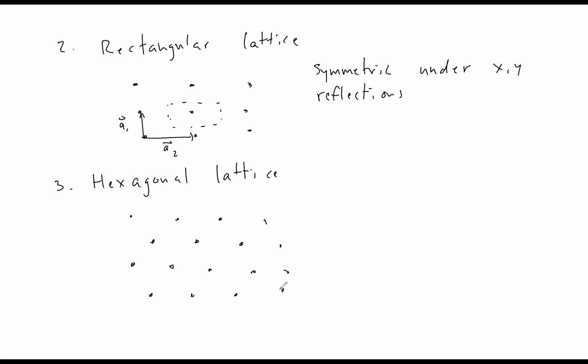We might define primitive vectors A1 and A2 like this. Notice this is not the same as the honeycomb lattice. If you like, there is a point in the middle of each hexagon. The Wigner-Seitz primitive cell for this hexagonal lattice might look something like this. It is still a hexagon.